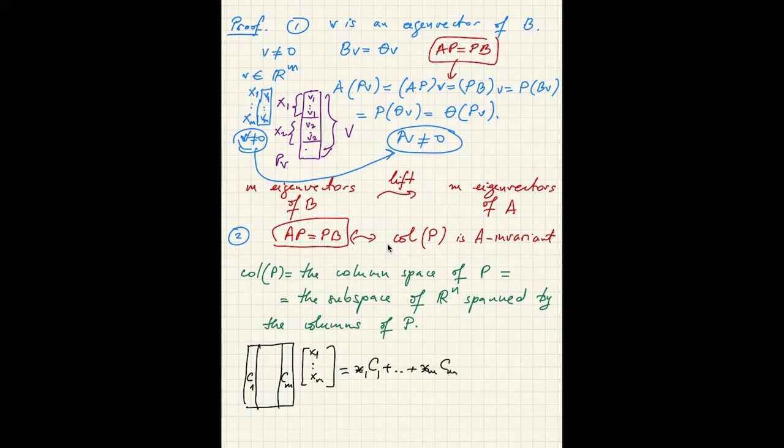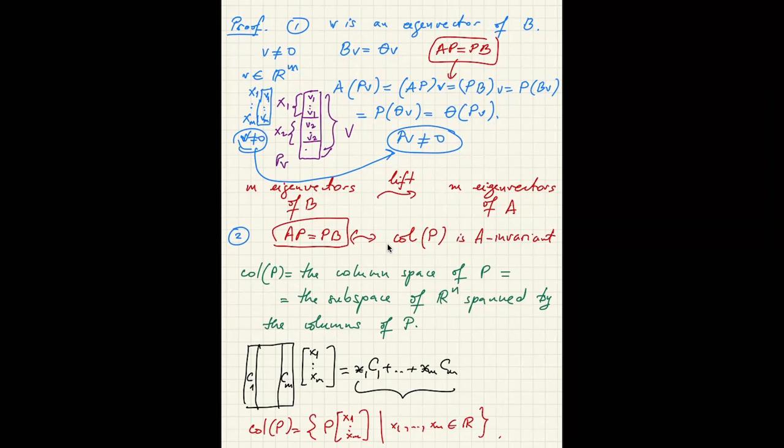So any vector in the column space looks like this on the right. Essentially, the column space of P looks like vectors of this form, P times (x1, xm), where x1, xm are real numbers. So the column space of a matrix P is everything of the form P times an admissible vector. And the same thing happens on the other side with the row space, but you multiply to the left.